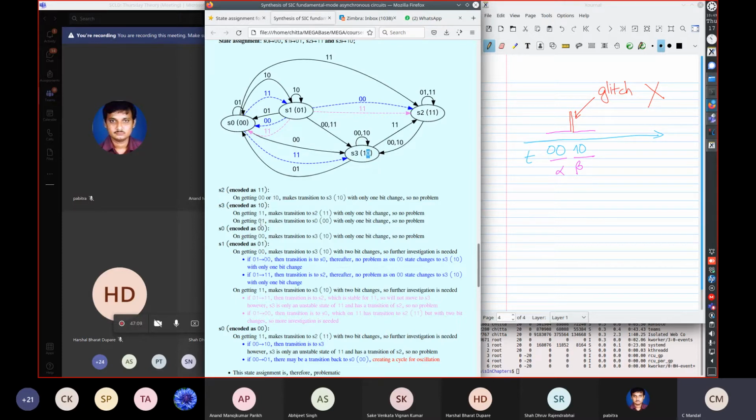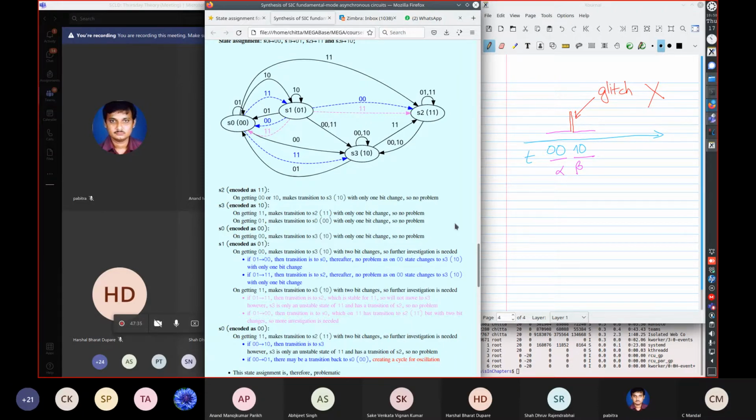And similarly, if you get 0, 1, it makes a transition to 0, 0. There also only one bit is changing from 1 to 0. So these single bit transitions are okay. I think you will understand this. This is also a similar thing.